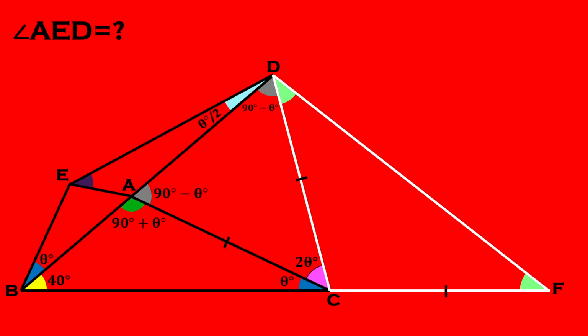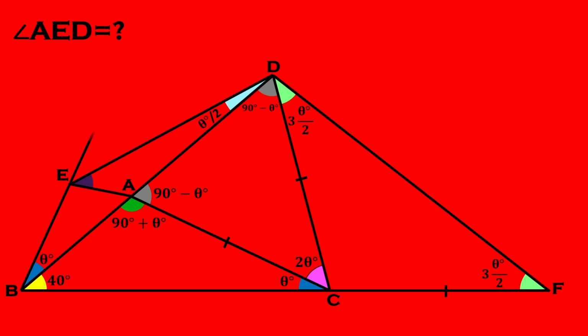Also, angle BCD is external angle of this triangle, and it's equal to 3 times theta. So, it must be equal to the sum of the two remote interior base angles of the white triangle. From that, each of the base angles can be calculated to be 3/2 of theta.